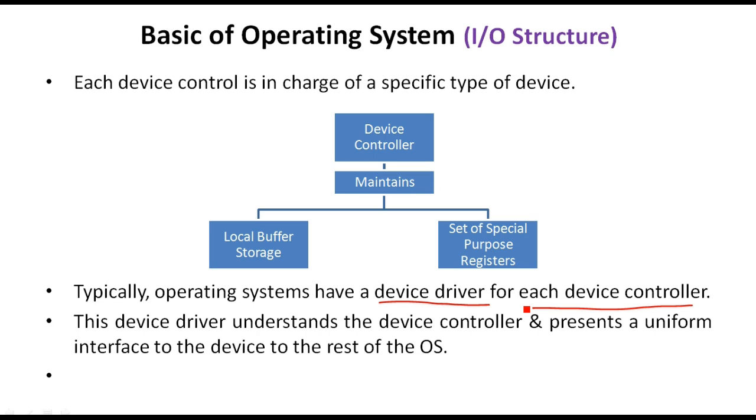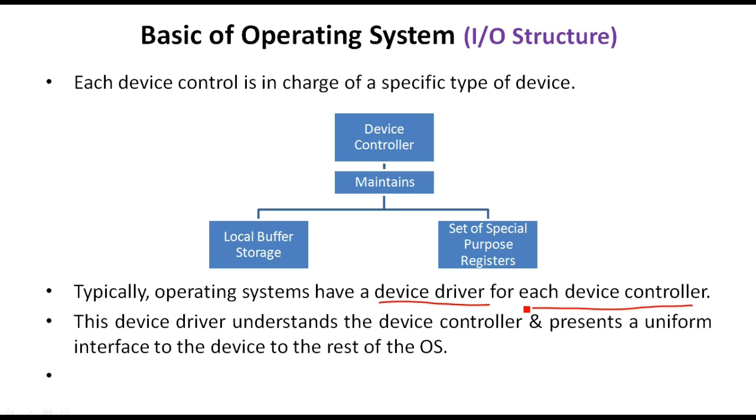The device controller in turn examines the content of these registers to determine what action to take. The controller starts the transfer of the data from the device to its local buffer. Once the transfer of the data is completed, the device controller informs the device driver.